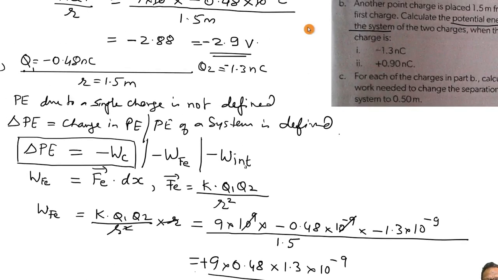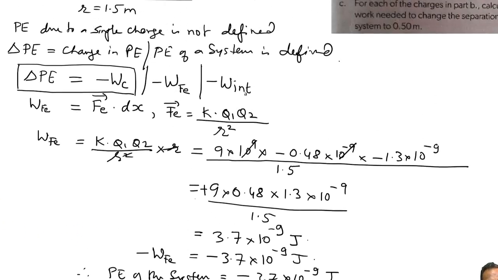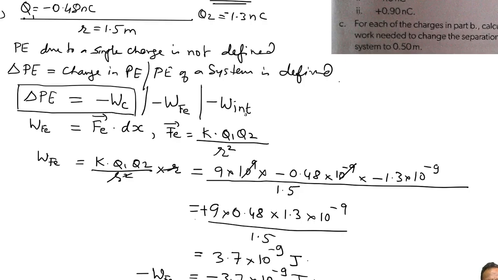Now if you see the second part of this question, he has told you to replace this Q2 by a positive 0.90 nanocoulomb. So only I'll make the changes in the calculation. Q2 I am going to make it as 0.90 nanocoulomb, a positive one.